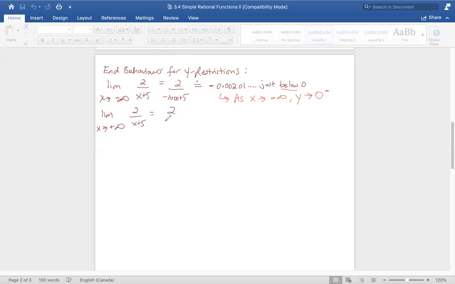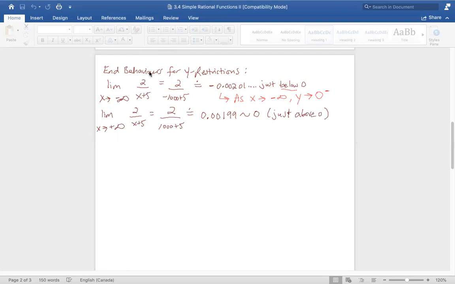So this time we'll just use a positive 1,000. And so that answer is, again, if you're not writing out all the decimals, just put a dot on top of the equal sign. I have 0 decimal, 2 zeros after that, 00199, which means that that's very close to 0, but it's just above, right? We're just above 0.